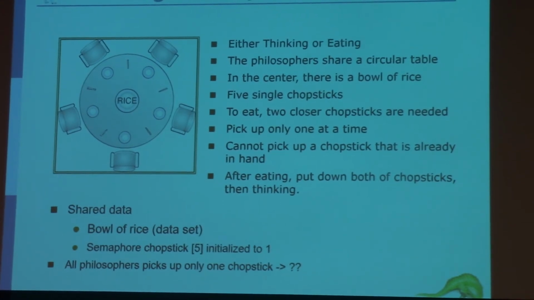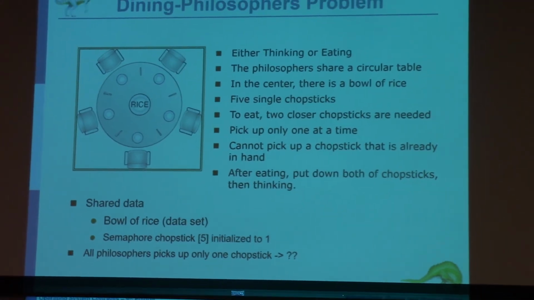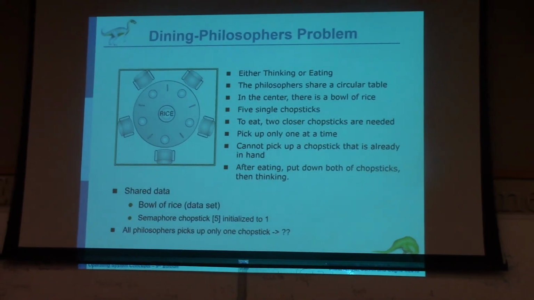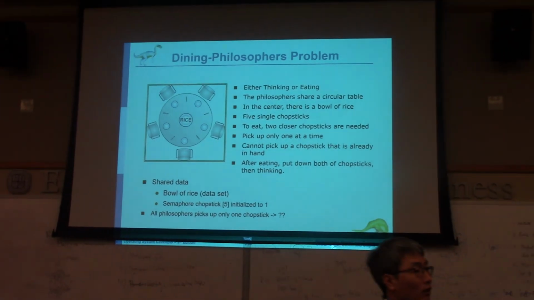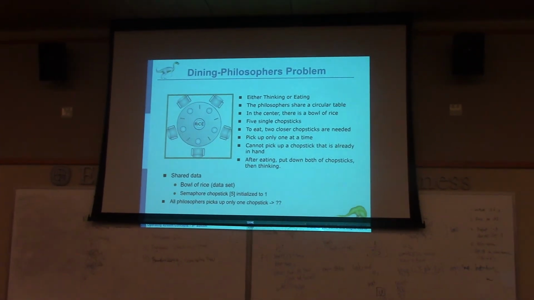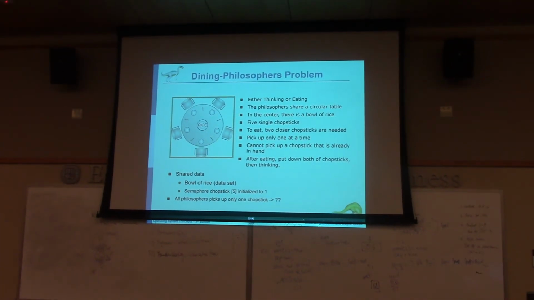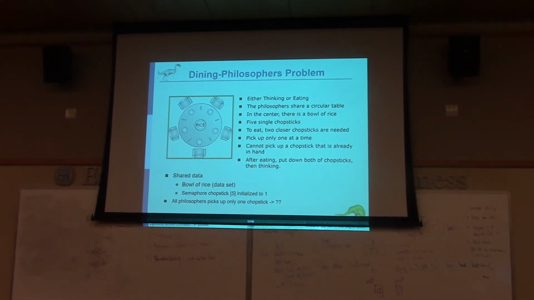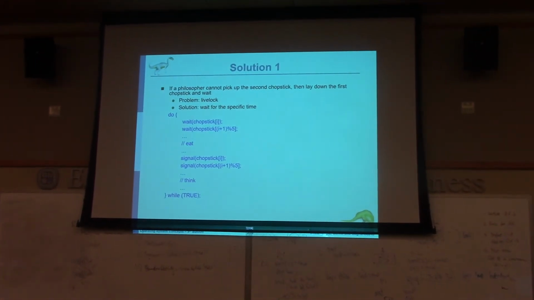Problem? It may be that at the same time all processes get the lock on the left hand side, then it will be deadlock. So it doesn't satisfy the second requirement, the progress.